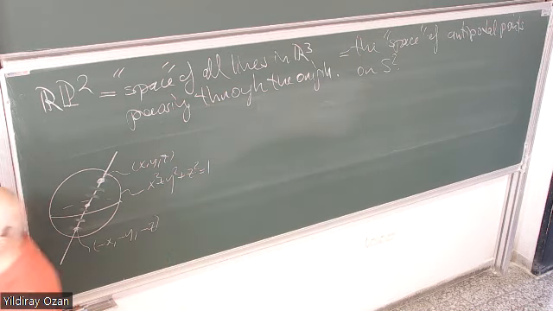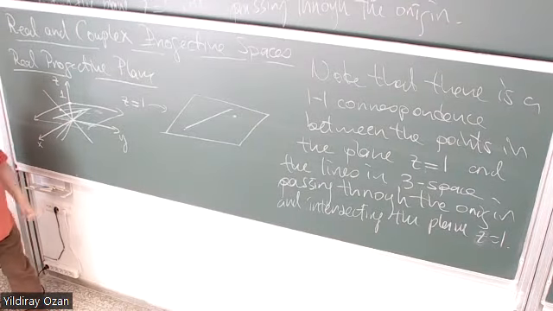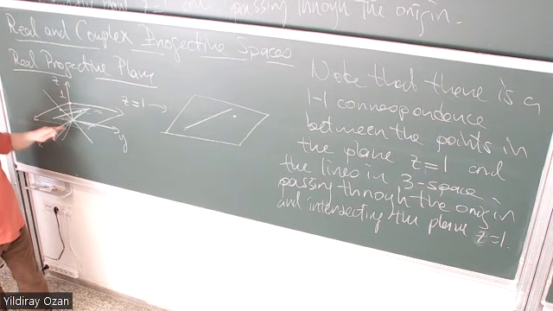For example, what are the lines? Let's see what the lines in our usual plane correspond to in that picture. Now, we know that lines here correspond to planes passing through the origin, right?